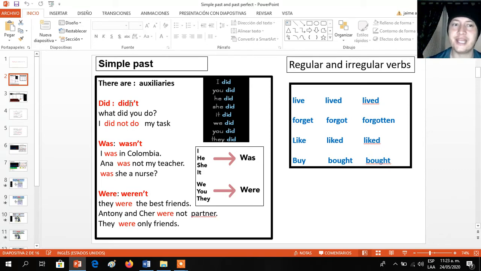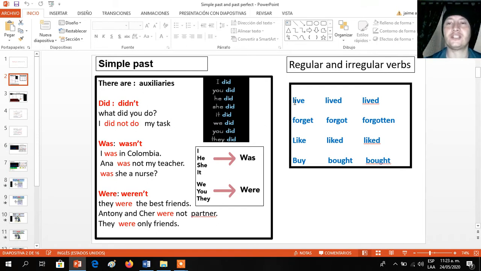Cuando tú veas que la frase tiene el auxiliar, en este caso en interrogación o en negación, el verbo funciona en su forma infinitiva. Es importante eso, ¿ok? Por ejemplo, do. Aquí no lo paso a pasado porque aquí ya tiene el auxiliar. De la misma forma sucede aquí. I did not do. Aquí no pasa nada, que estoy negando. Estoy utilizando el auxiliar. Ok.